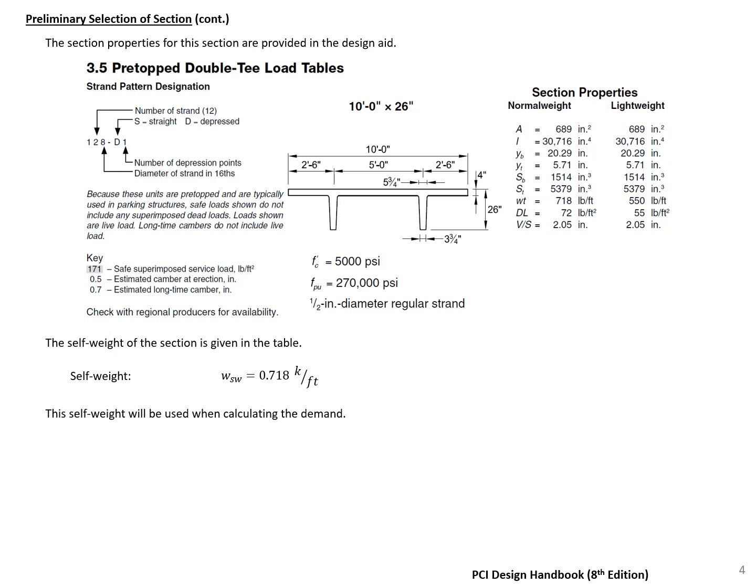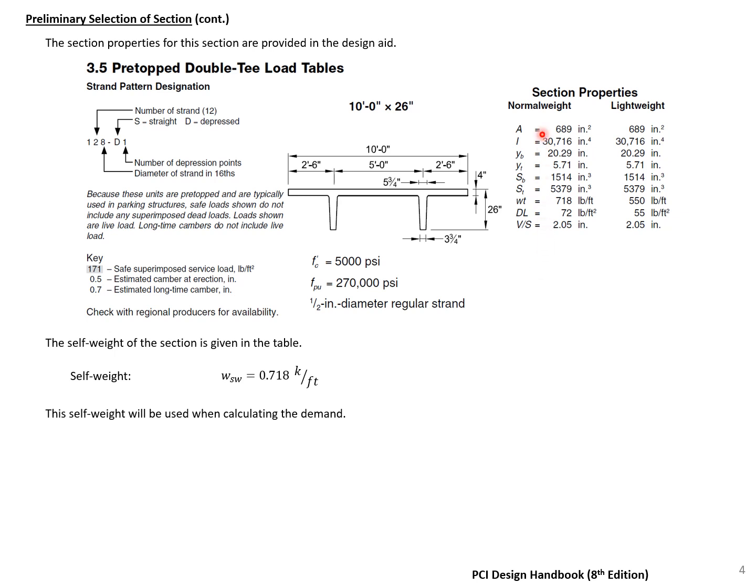The PCI Design Handbook also has some section properties and other details for the section. So for our section that we chose, we have some details on the geometry, including web thickness and top flange width and thickness. We have our overall height, and then we also have some section properties. We're going to assume that we're using normal weight concrete, so we'll use these properties on the left.